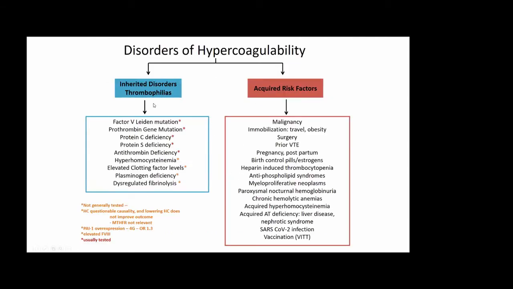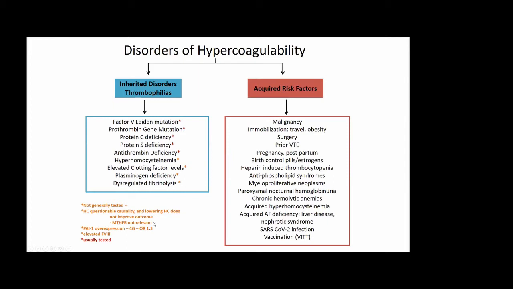So this is just another way to look at the inherited and the acquired risk factors for thrombosis, or the hypercoagulabilities. The first 5 here with the red asterisks, we're going to talk about. These are inherited, they're prevalent, and a fair amount is known about them. These 4, I'm not going to talk much about, partly because, for example, hyperhomocysteinemia is really questionable as far as whether it is related as a cause rather than as a fellow traveler of increased thrombosis.